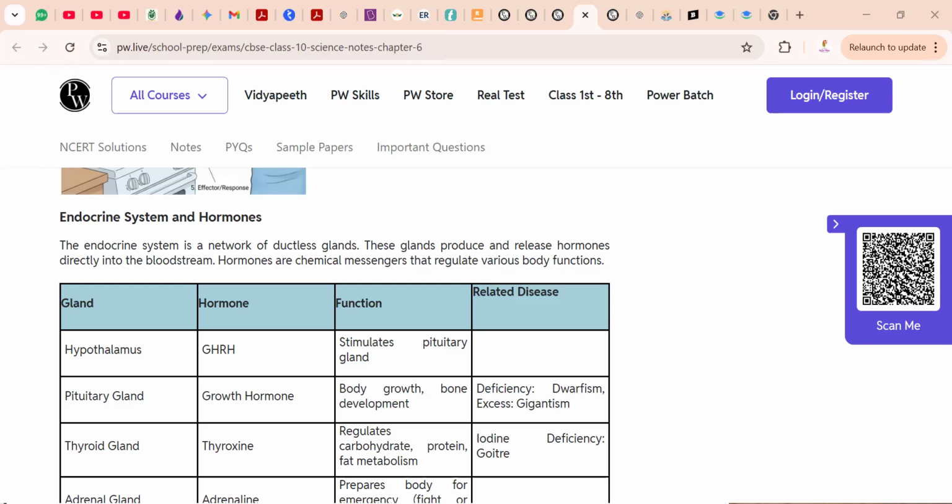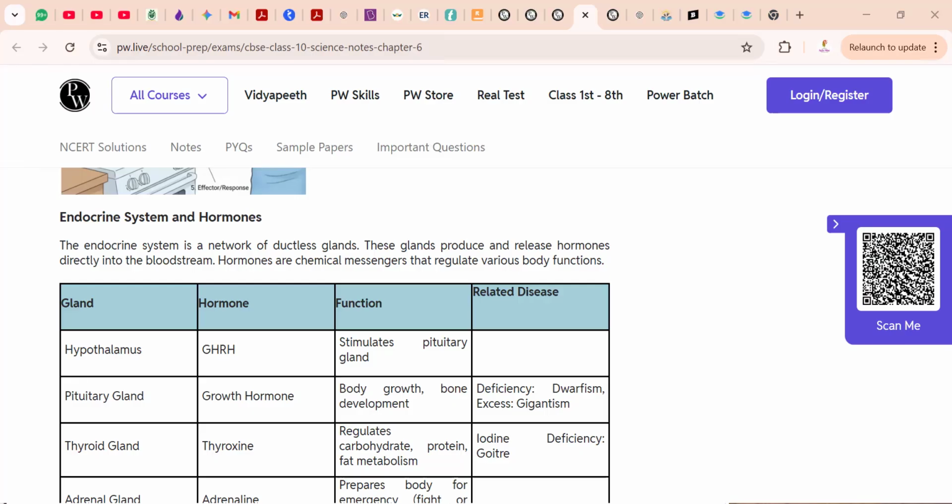Here the effectors are muscles or glands. Then what happens? They carry out the response by producing movement or secretion. In the case of muscle, for example skeletal muscle, the action will be running. But in a gland, they will produce enzymes or hormones; they produce some secretions called hormones.